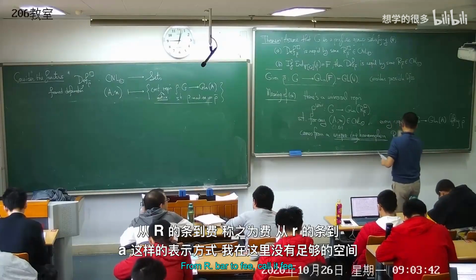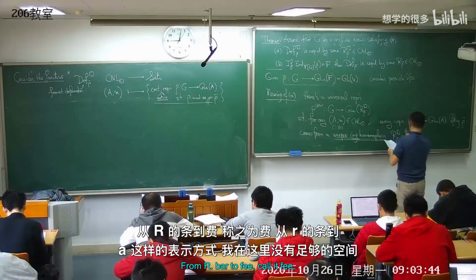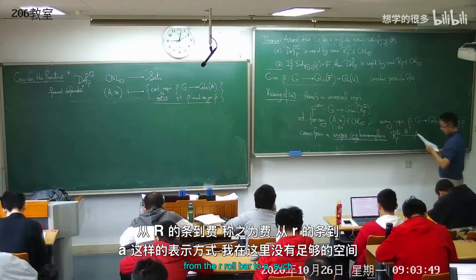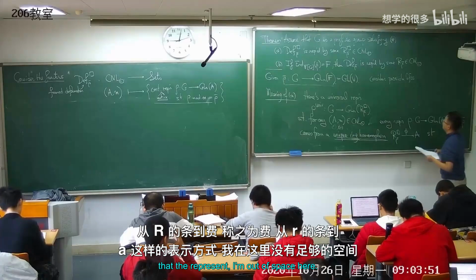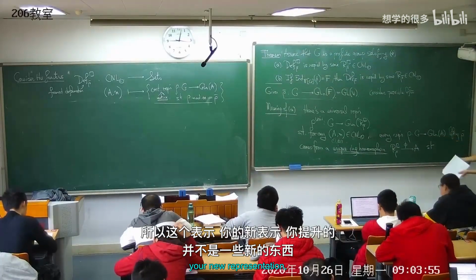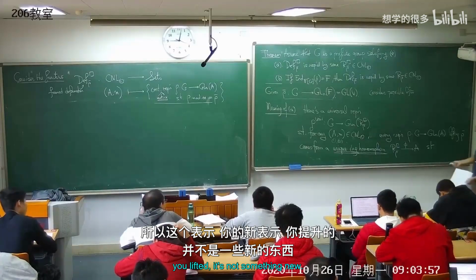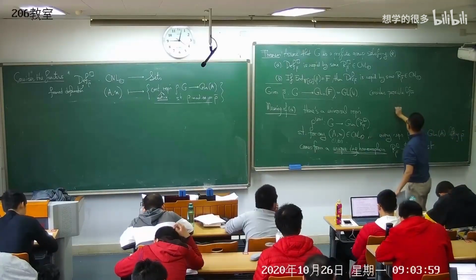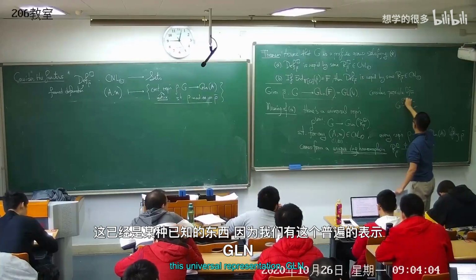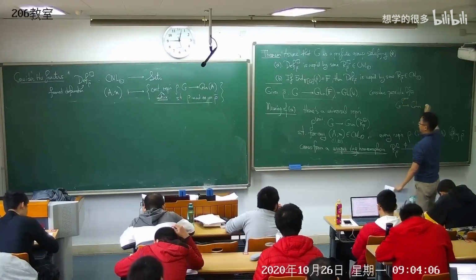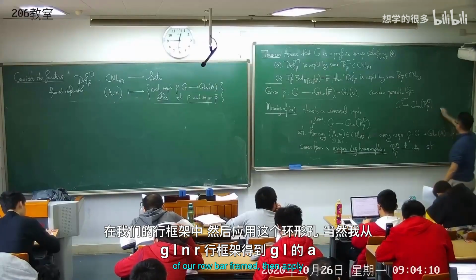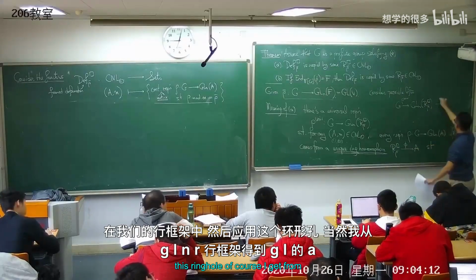from R rho bar to A, call it phi, such that the representation you lifted is not something new, it's something already known, in the sense that we have this universal representation into GL_n of R rho bar framed, then apply this ring homomorphism.